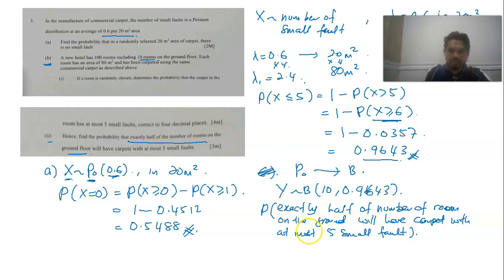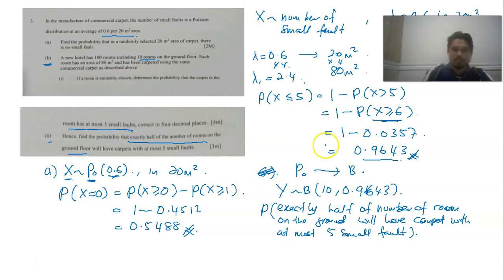We call this statement, which was solved in question B1 here. A room has at most 5 small folds, for this one here.